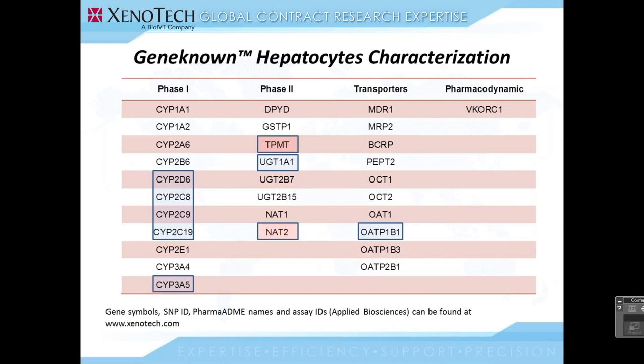Characterization of gene-known hepatocytes includes relevant polymorphisms in phase 1, phase 2 enzymes and transporters. Hepatocytes were characterized with a pharmacogenomic array of 30 genes and about 160 single nucleotide polymorphisms. All assays that we use for characterization are listed at our website.